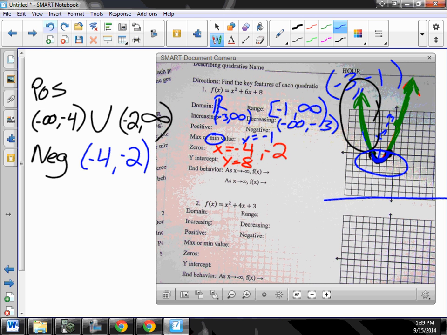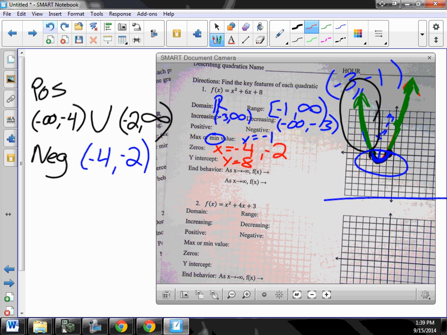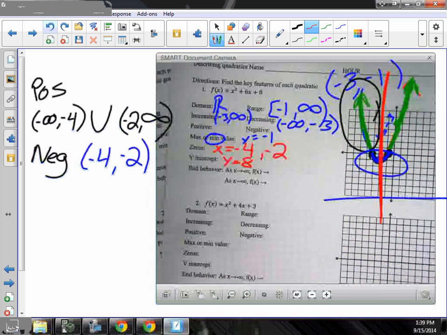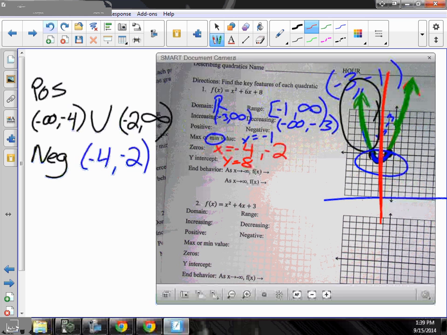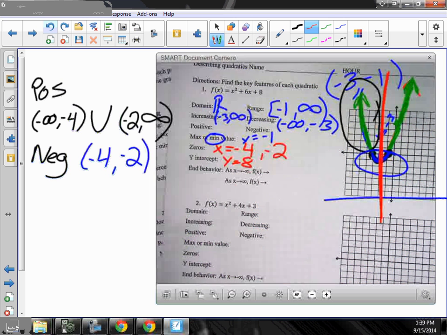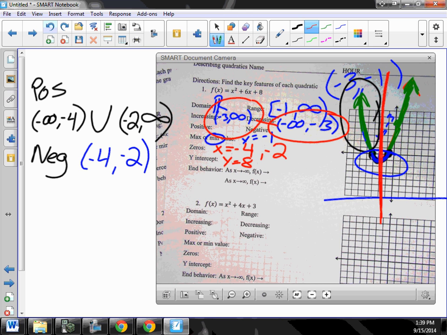Now I want to point a couple things out. Okay, if we divide our parabola in half, that is the x value that changes from either decreasing to increasing or increasing to decreasing. Look here. Do you notice a pattern between the increasing and the decreasing? So they've been flipped, and there's one other change.